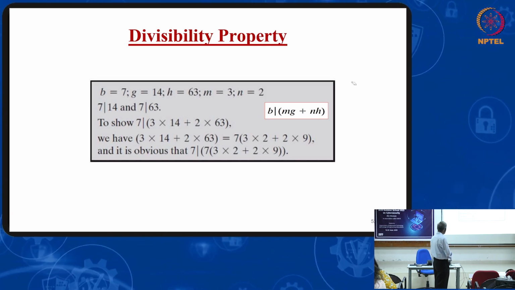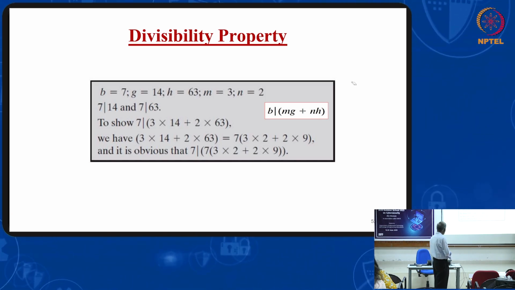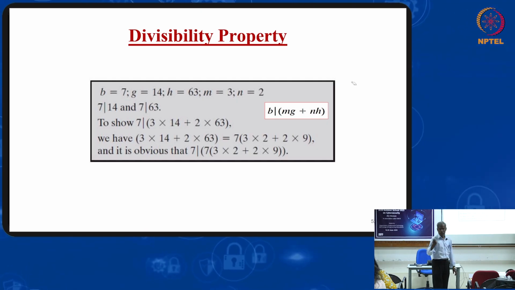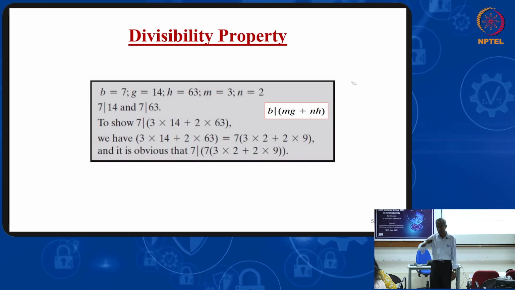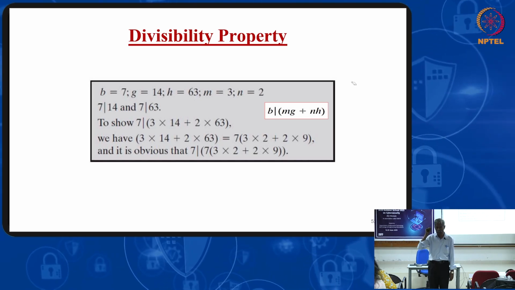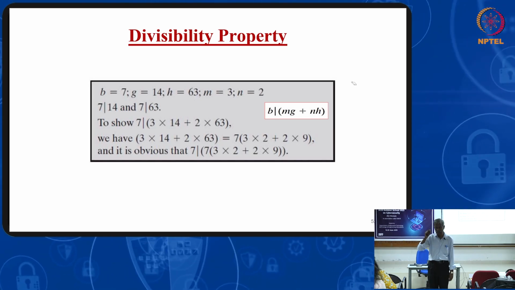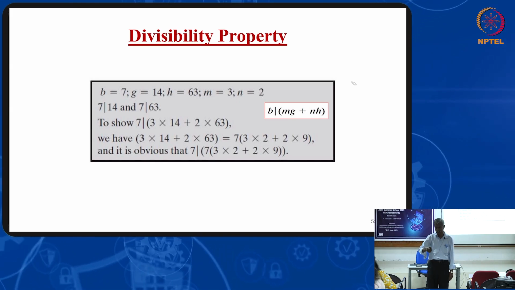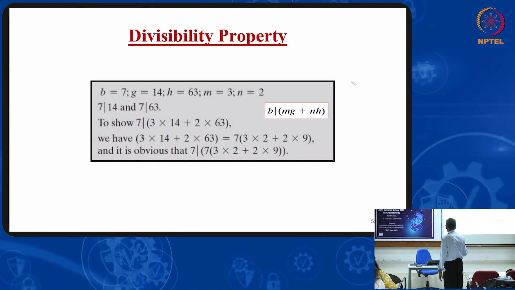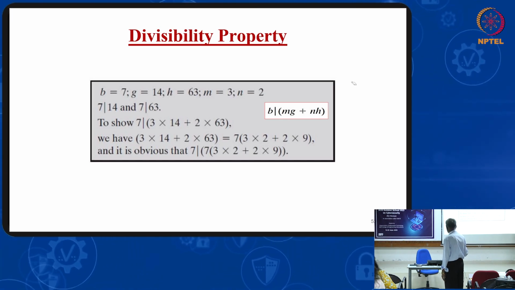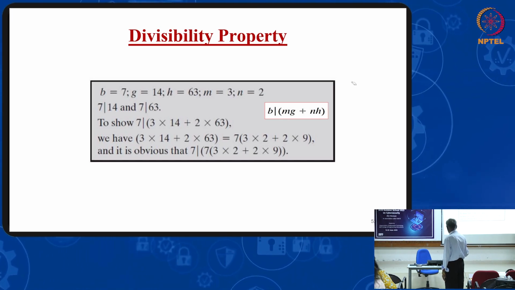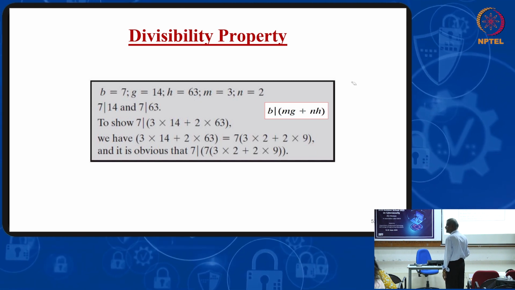First we take g and h in such a way that b divides g, b divides h. That means we are taking multiples of b only for g and h. You see the values of g and h, they are multiples of 7. We take b equal to 7, g will be a multiple of 7, h is a multiple of 7.